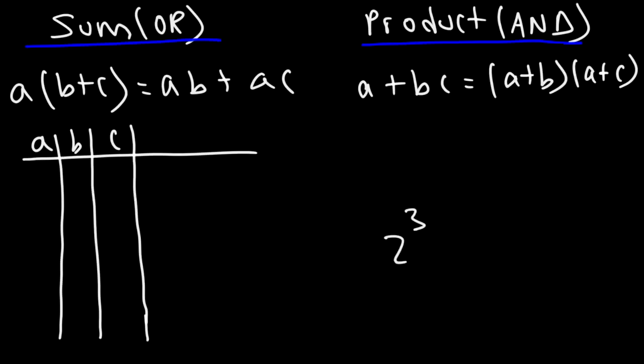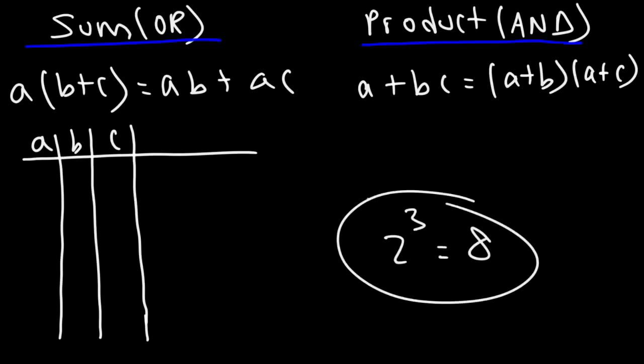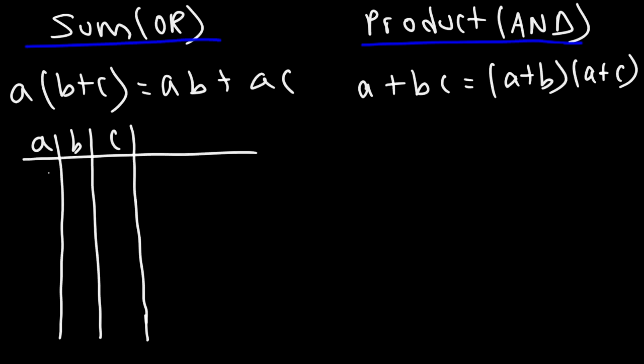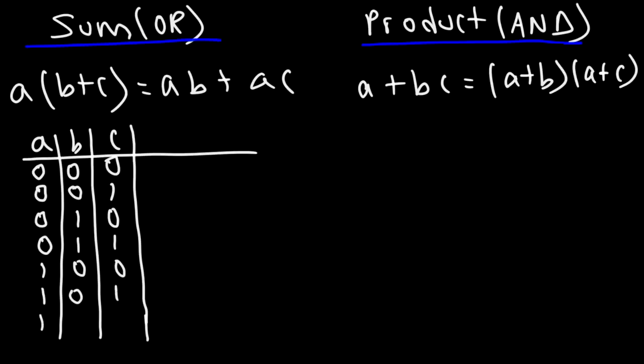So this is going to be 2 to the third power, so we have 8 possibilities. The first possibility is that we have all zeros. The second is 0, 0, 1. The third is 0, 1, 0. And then 0, 1, 1, 1, 0, 0, 1, 0, 1, 1, 1, 0. And the last one is 1, 1, 1. So we have 8 different combinations.